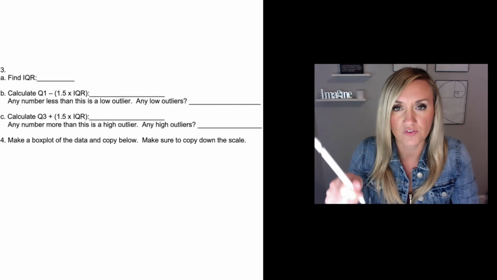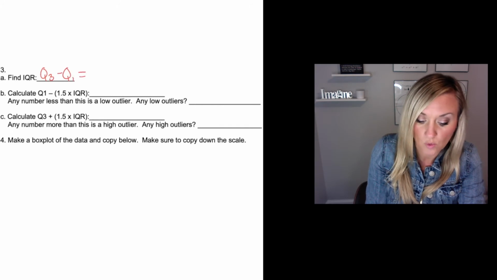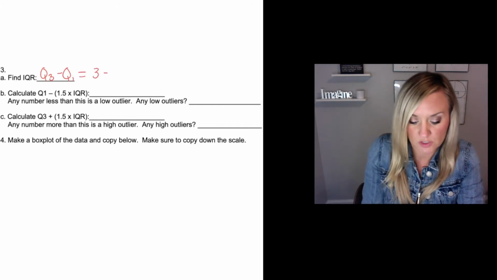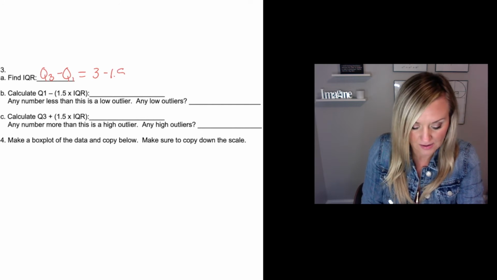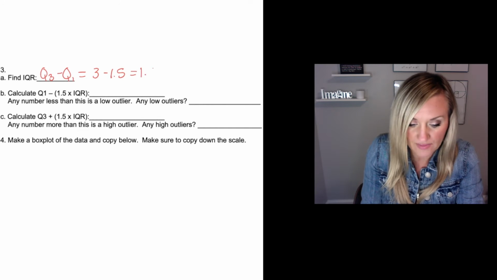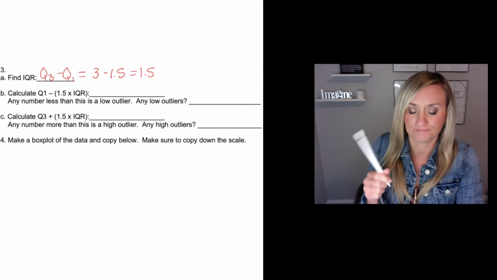Let's first find the IQR. Remember, the IQR is Q3 minus Q1. In this situation, our Q3 was 3 minus our Q1 of 1.5, and that gives us 1.5, which is our IQR. Coincidence.